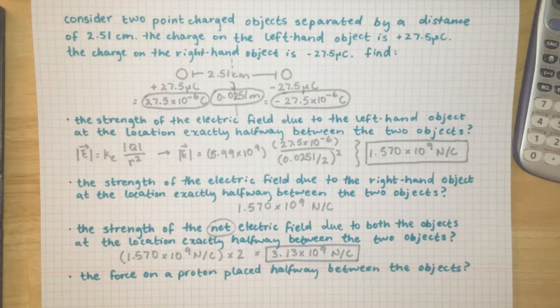And then the last question is to find the force on a proton placed halfway between the objects. So for this one, we are going to use the equation F is equal to EQ.